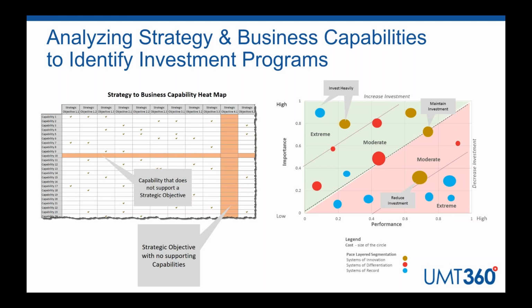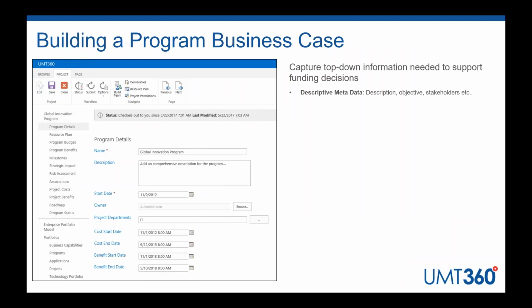Any one of these decisions is going to relate to projects and programs to support changes made to our business capability portfolio. So this is one way, through analyzing the strategy, of how we're best going to deliver that based on the current performance of our business capabilities to tee up investment programs or investment requests.